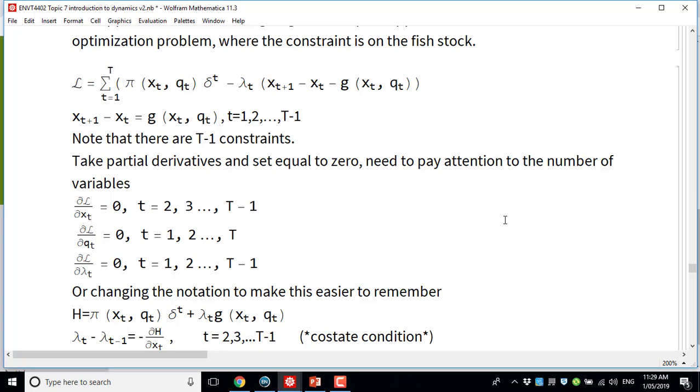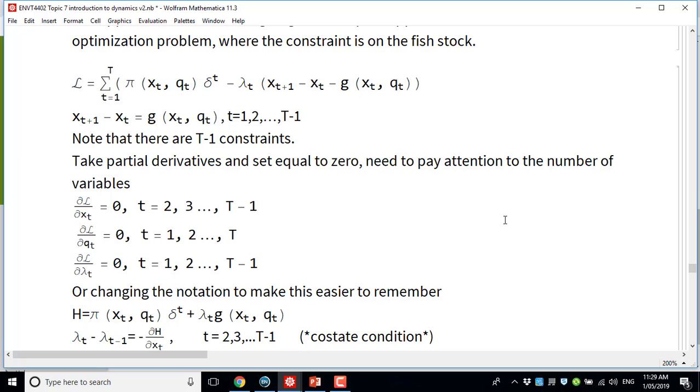And that fishery growth function is included. It's a difference equation. If you were to interpret what this means, it's interpreted down here, that x(t+1) minus x(t), so that's the change in the stock of fish, is equal to the growth, and then adjusted for any harvesting that goes on.